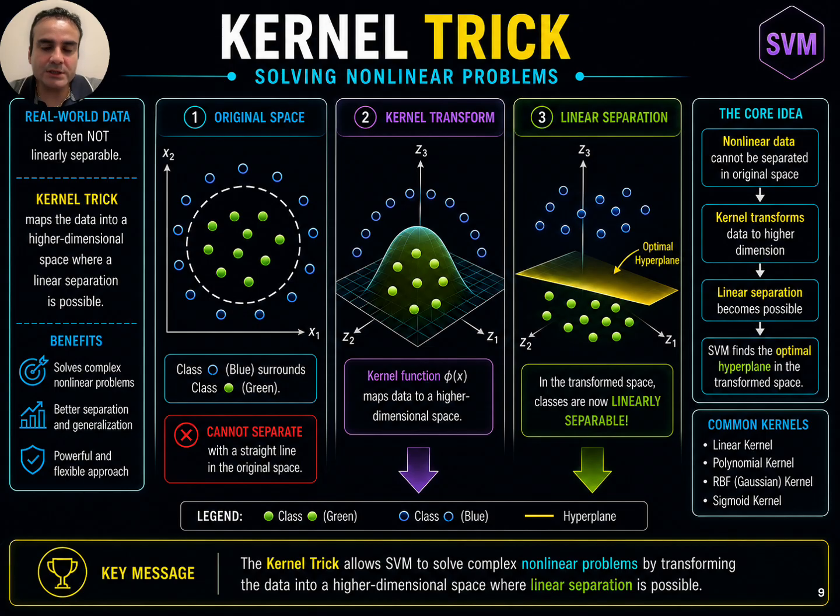After transformation, the classes become linearly separable, as illustrated in the right panel. This capability allows SVM to solve highly complex nonlinear classification problems without explicitly computing the high-dimensional coordinates. The kernel trick is one of the most powerful features of SVM.